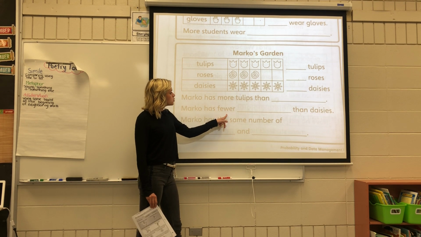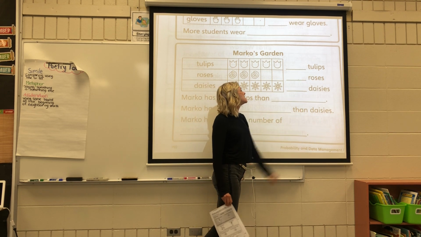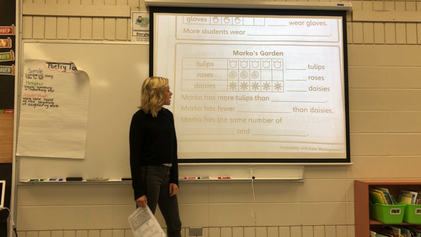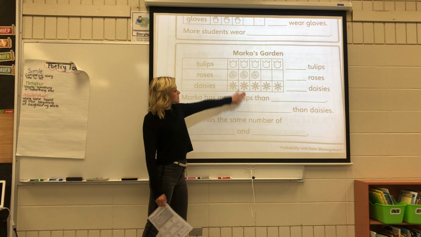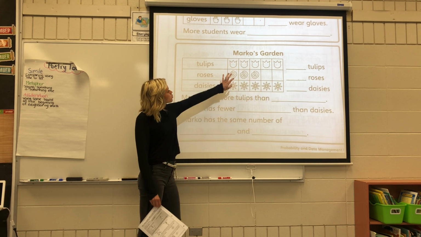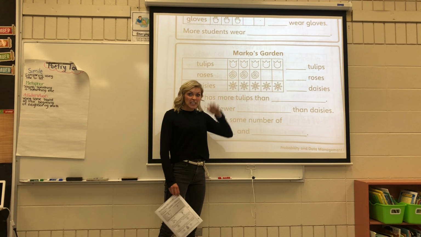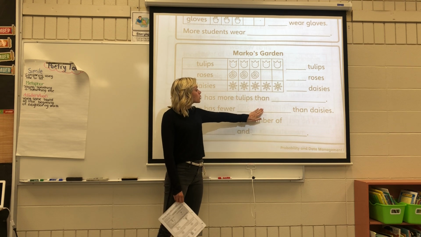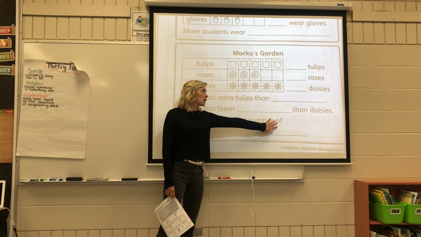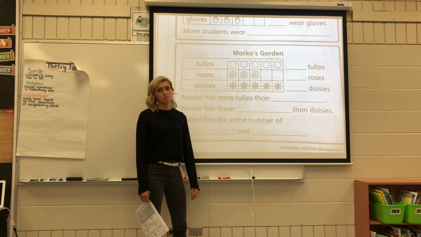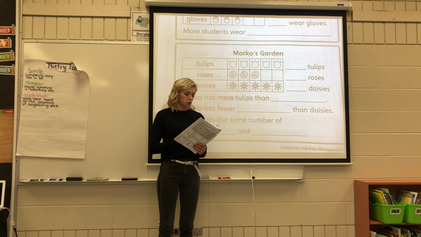Marco has fewer, some kind of flower, than daisies. Well, both tulips and daisies have 5, but roses only have 3. So Marco has fewer, which is less, fewer roses than daisies. Marco has the same number of, and you tell me which one is the same number. Once you start working on it, I know you will be able to do it.